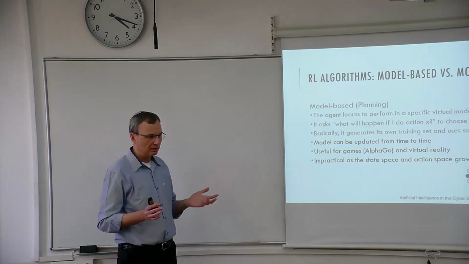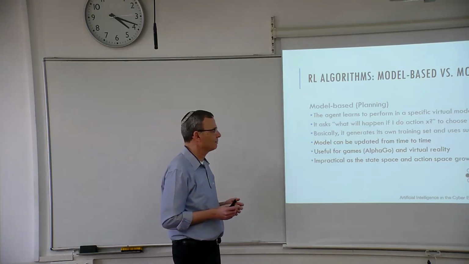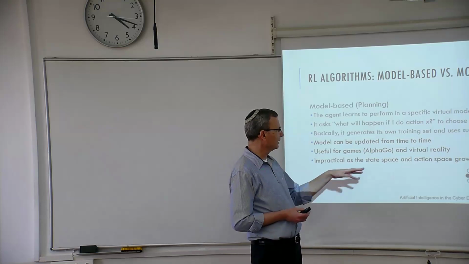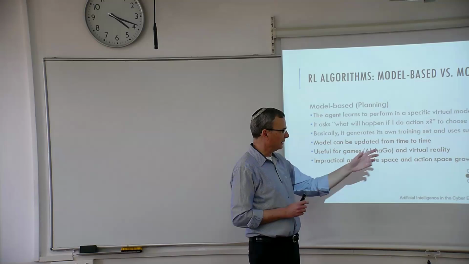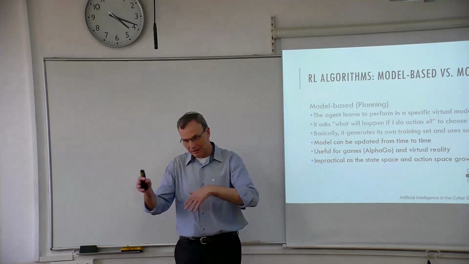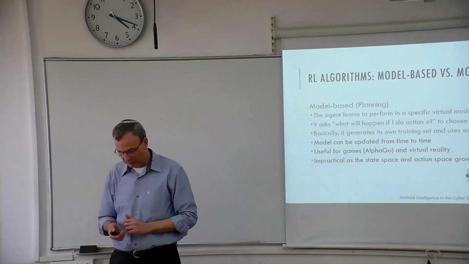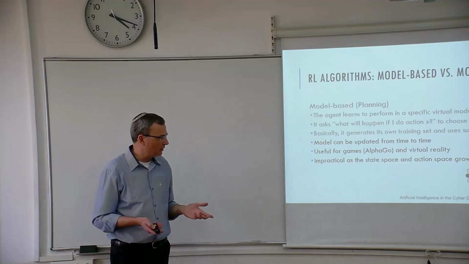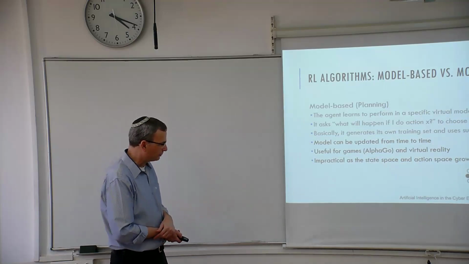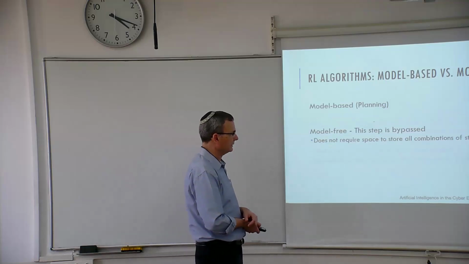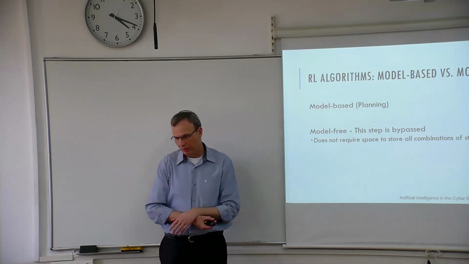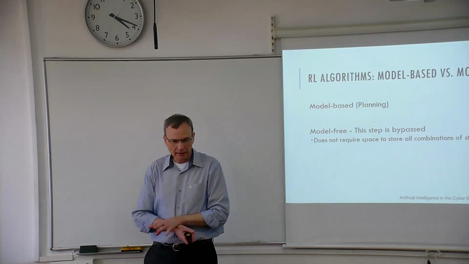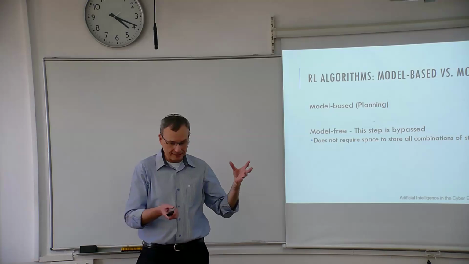This is huge. It requires a lot of space in the memory of the machine to store all the state space. And of course, when it grows, the action space will grow. So it's impractical. We don't have enough resources for this. So model-based or planning is useful for smaller worlds or for games.